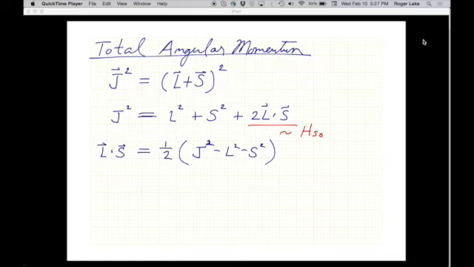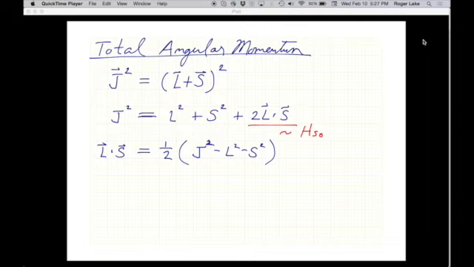And so what we need to do is, we wrote down our Hamiltonian, lambda L dot S. And as always, we need to be able to take the matrix elements of the Hamiltonian. So now what we're going to do is spend the rest of the afternoon figuring out how to take the matrix elements of L dot S. And the way we do it is make use of this identity, write the total angular momentum like this, and then just rearrange that second line to get L dot S in terms of J squared minus L squared minus S squared.